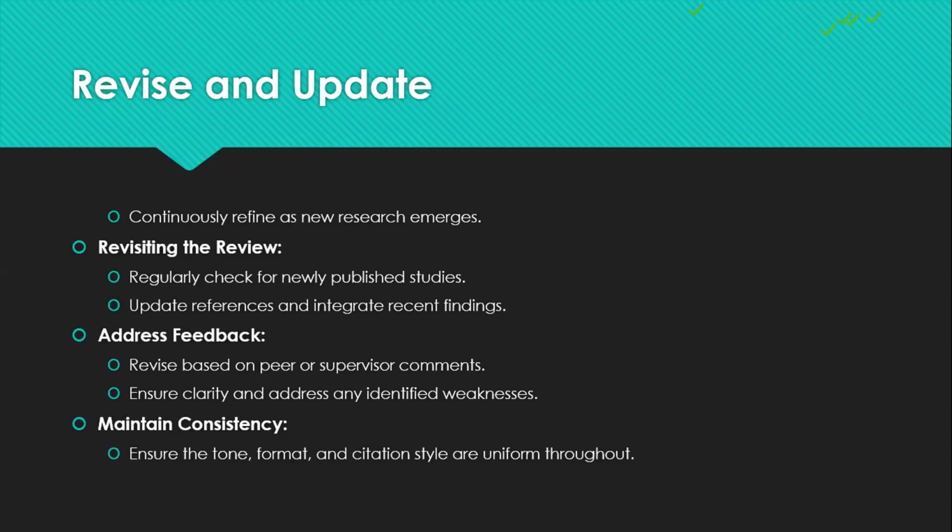You need to focus on the citations and standardize the style, like APA style, MLA style, etc., which is consistently followed across the whole review. Revising and updating should be an ongoing process, which helps to keep your review dynamic and reflective, and helps it evolve in the field of study. So this is revise and update.